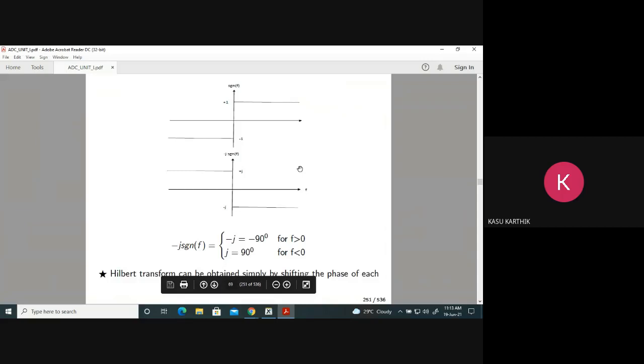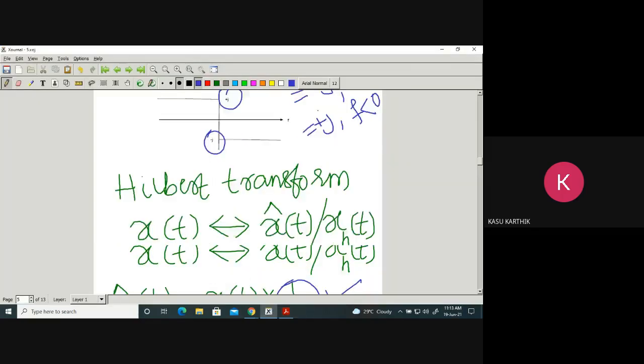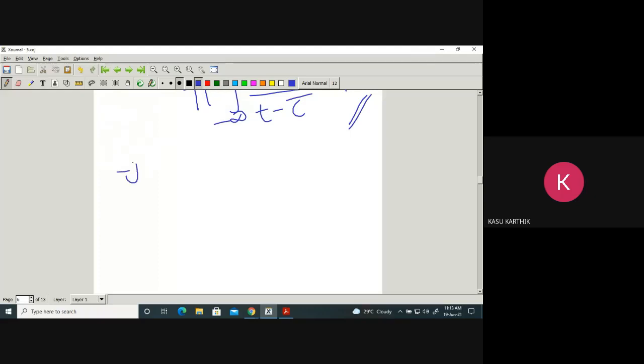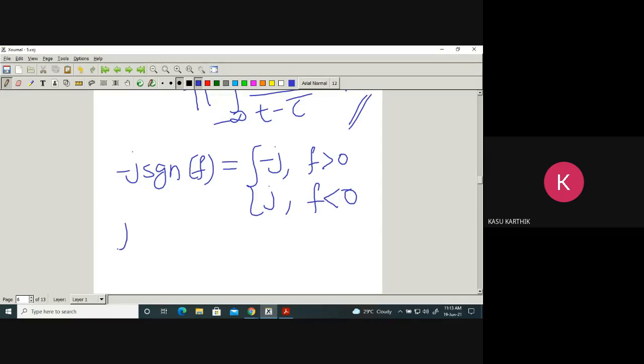Yes. So here, mathematically we write like this. What is minus j sigma of f indicating? Minus j sigma of f is giving these concepts. It is minus j for positive frequency, j for negative frequency. So generally j means, what is the phase of j? Pi by 2, or 90 degrees.